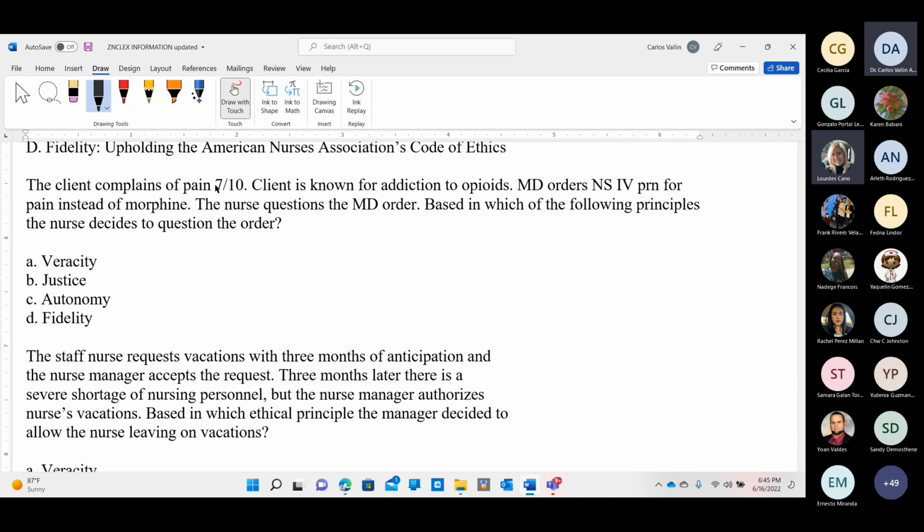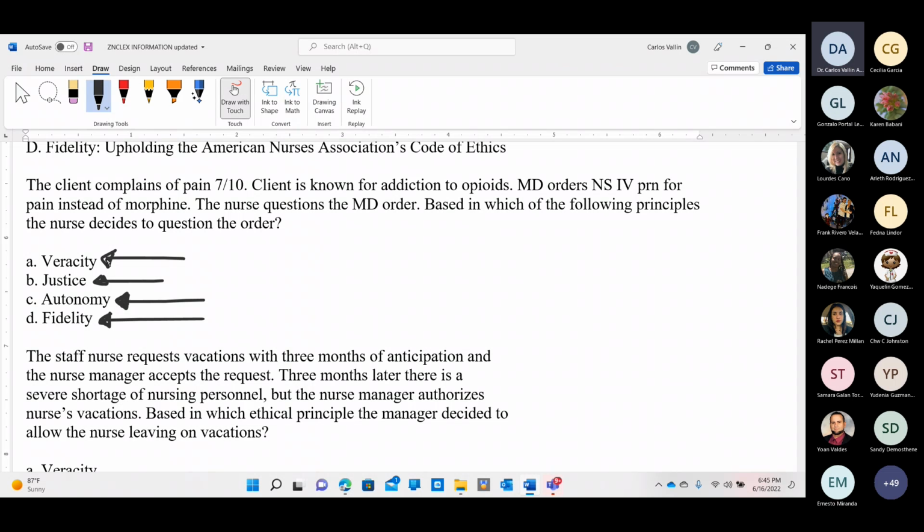Veracity. And it is not fair that a patient requesting pain medication doesn't get the pain medication. It's unfair, and the patient has the right to be treated when they have pain, requesting medication. And didn't we promise the clients to do the best for them?